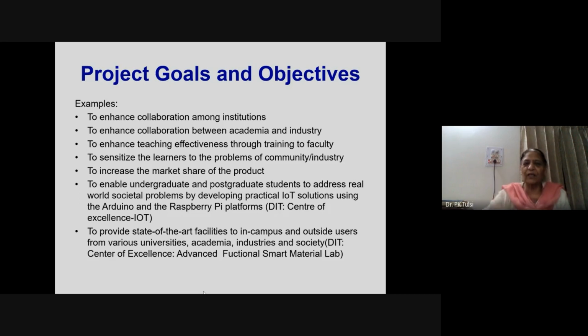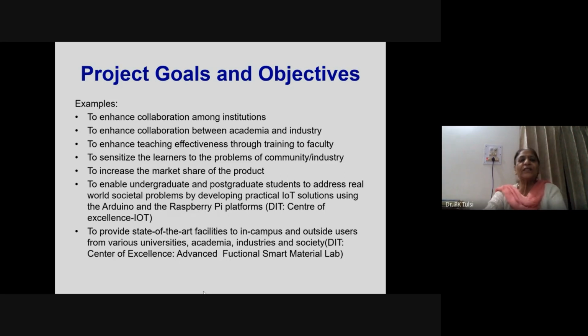When you say technical institutions, and you are not happy with the kind of collaborations we have, and you have identified that project area, you would like to enhance collaboration. So just translate it into words: to enhance collaboration between academia and industry.